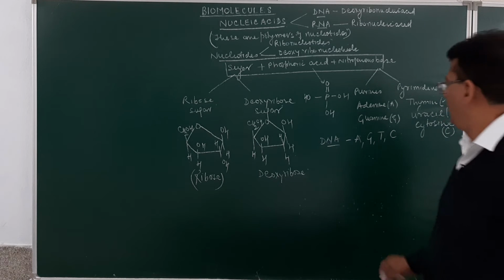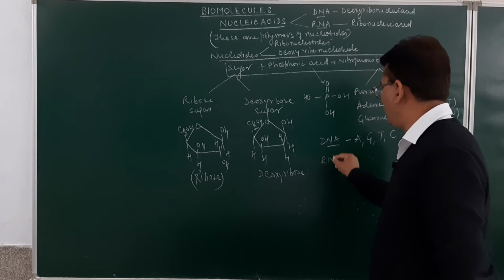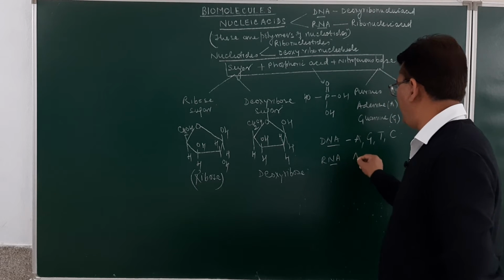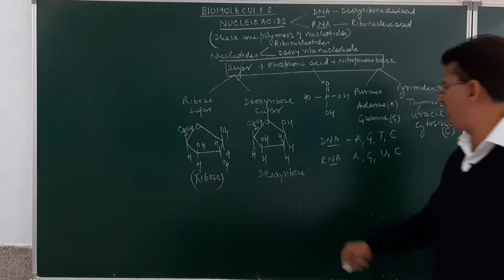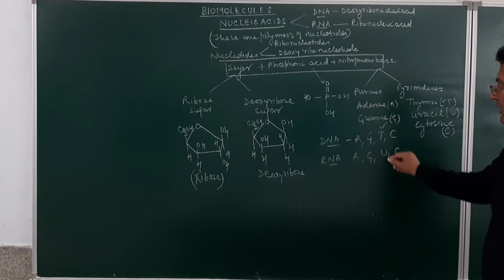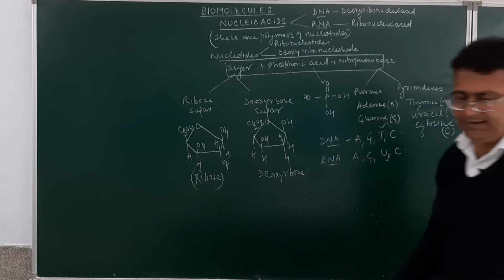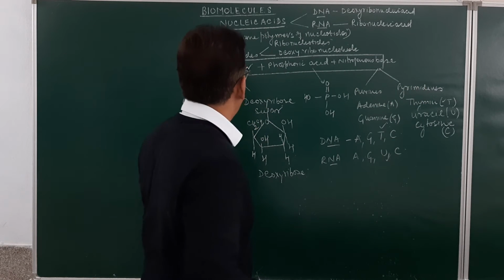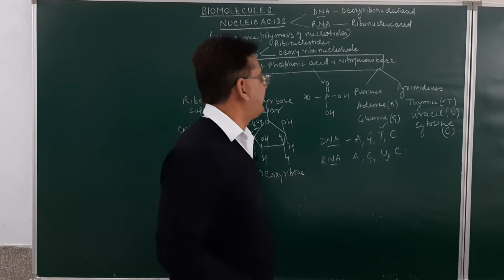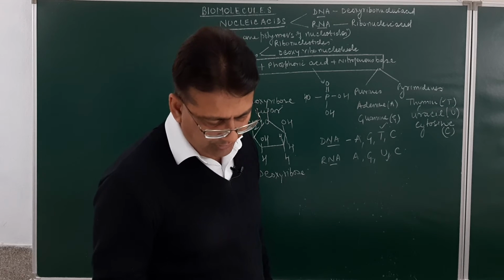And RNA, the composition of nitrogenous base will be adenine, guanine, uracil and cytosine. Remember, in DNA we have thymine, in RNA we have uracil. Now, if we consider nucleotide, nucleotide are sugar, phosphoric acid and the nitrogenous base.